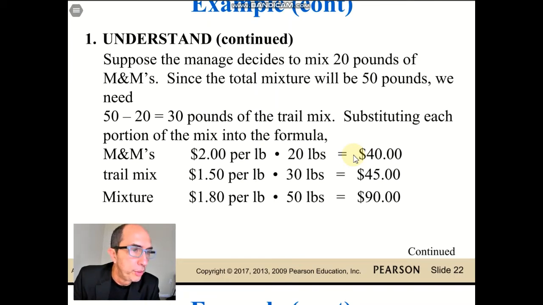The mixture at $1.8 per pound times 50 pounds is $90. But if you add the $40 of the M&Ms with the $45 of the trail mix, you get $85. That means the numbers we guessed are wrong. But never mind, because we were guessing these numbers to understand the problem.